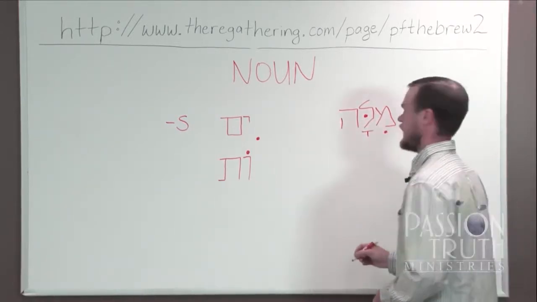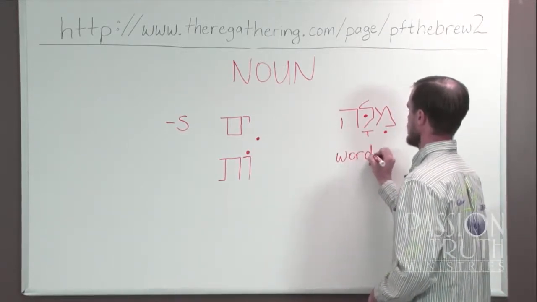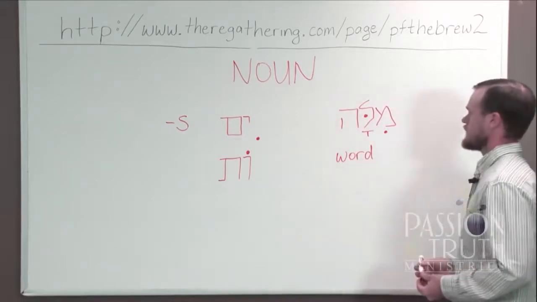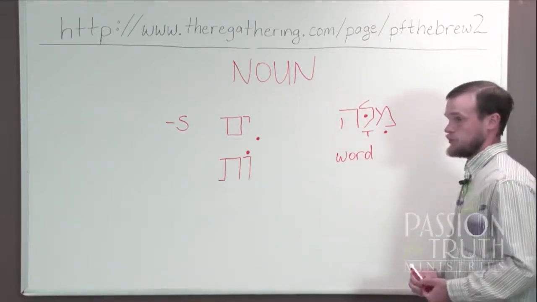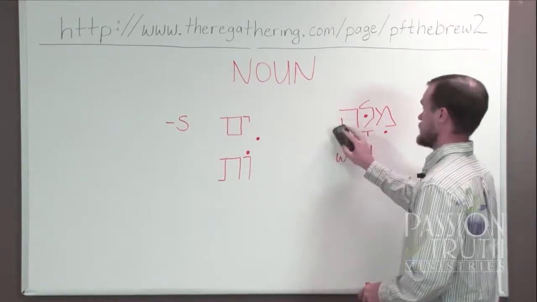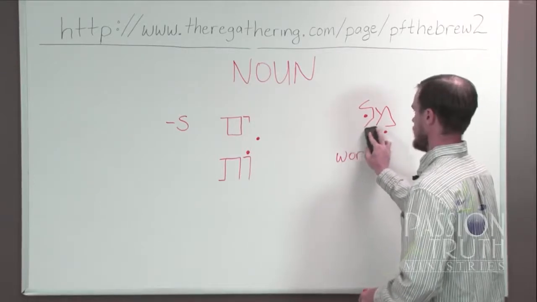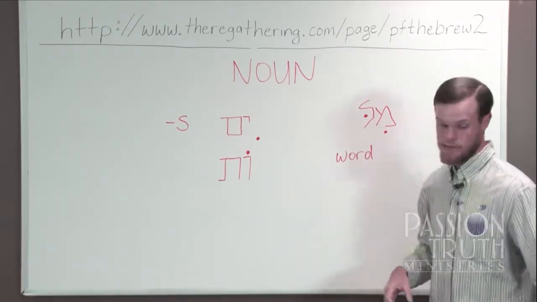Okay. Milah is a word. Okay. To make this plural, it ends in a hey, so we drop the hey and replace the komets with the vowel of the suffix.